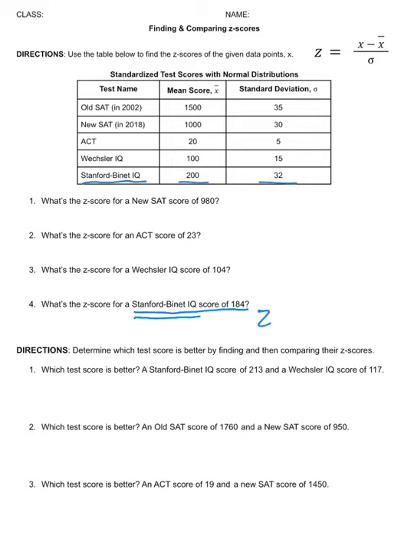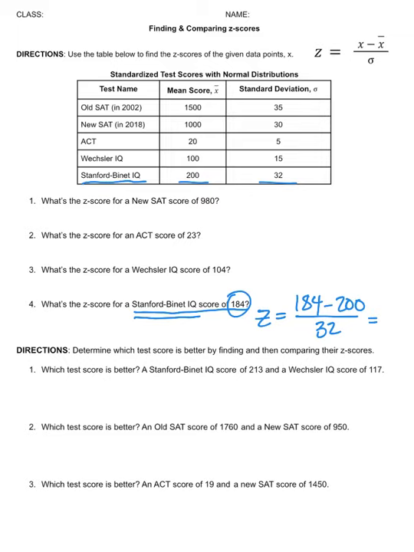So to write out this formula, my x value is what was given to me, it's 184. And from that, I'm subtracting the mean, which is 200, and then I divide by the standard deviation, which is 32. When you put this in your calculator, if you are using your phone's calculator, do it in 2 steps. So do the numerator first, 184 minus 200.